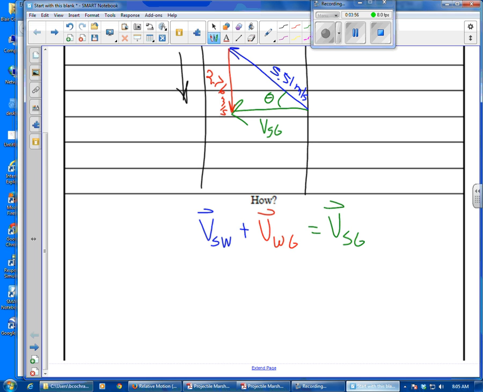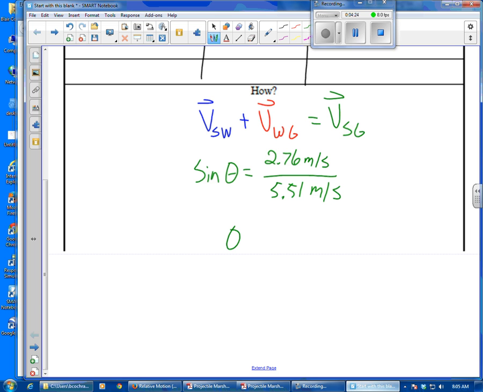To find theta, I notice that the opposite side to theta is the red, and the hypotenuse is the blue. The ratio between the opposite and the hypotenuse is sine. So sine of theta equals the opposite, 2.76 meters per second, over the hypotenuse, 5.51 meters per second.